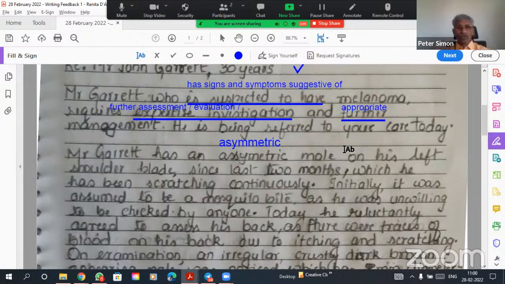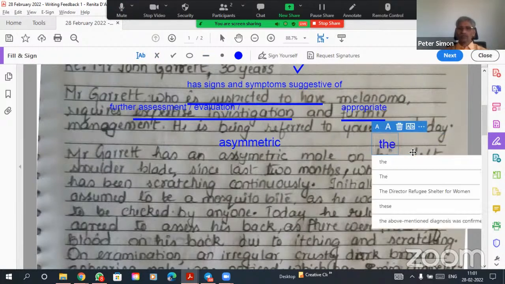Fine. Okay, Mr. Garrett has an asymmetric mole on his left shoulder blade. So why do you want to use his? It is his only, understood. No need to say his, he every time. Now here, you can write the instead. The is better. The left shoulder blade.